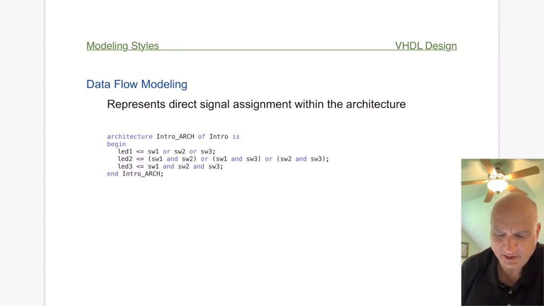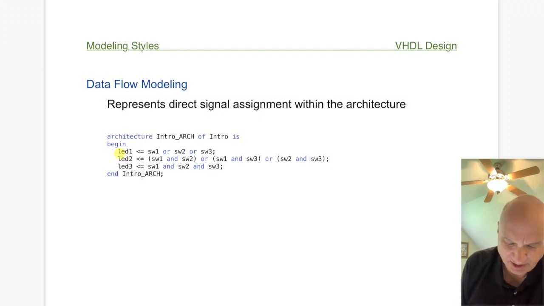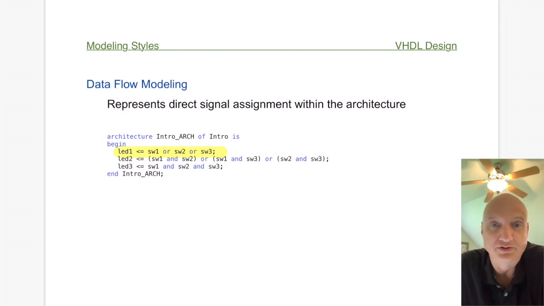Data flow modeling represents an assignment to a particular signal. In the case of what we've seen so far, the Boolean expressions have been data flow statements. Very simply, you're assigning a value based on Boolean logic: ands, ors, exclusive ors, that kind of thing. There's more to data flow than just basic Boolean, though.